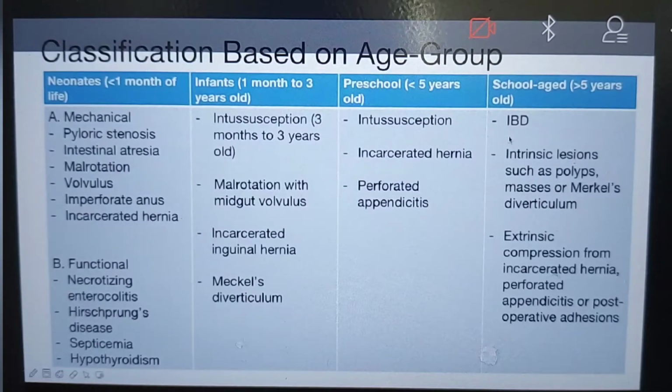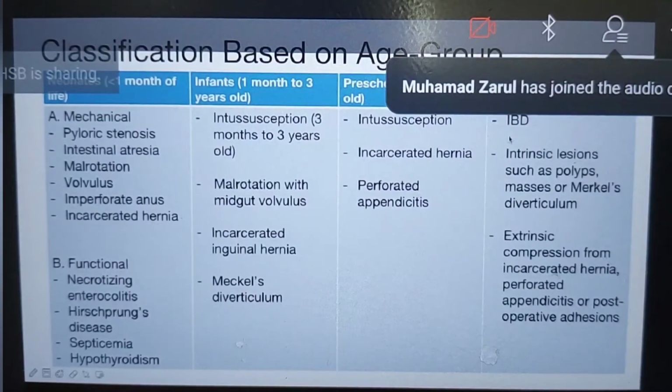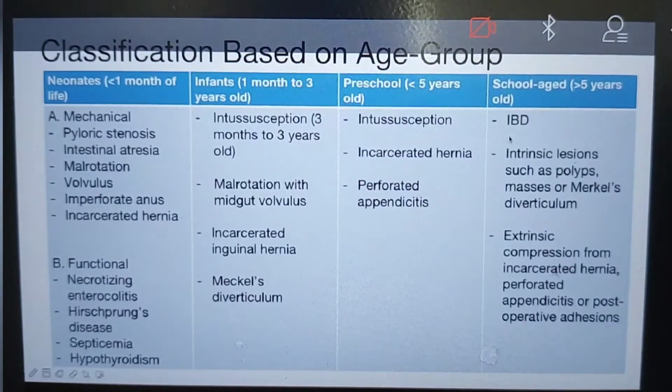For infants from 1 month to 3 months old, intussusception usually takes place, which is from 3 months to 3 years old. Also happening are malrotation with midgut volvulus, incarcerated inguinal hernia, and Meckel diverticulum. In preschool age, less than 5 years old, it is either intussusception, incarcerated hernia, or perforated appendicitis.